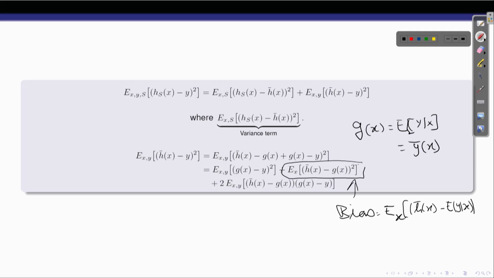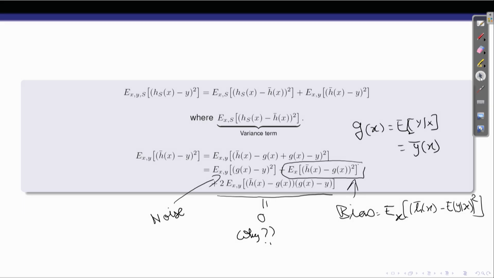This is bias, and this is noise, coming from the population. All we have to show is that this cross term is 0. Why? Let us discuss that. Once we have established that this term is 0, we get the breakup in the theorem.